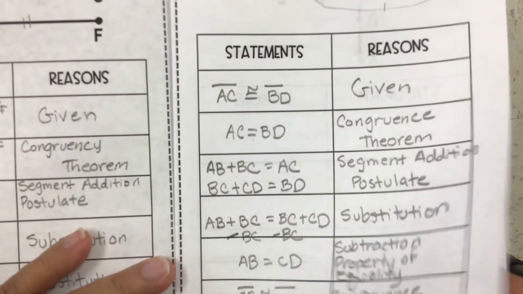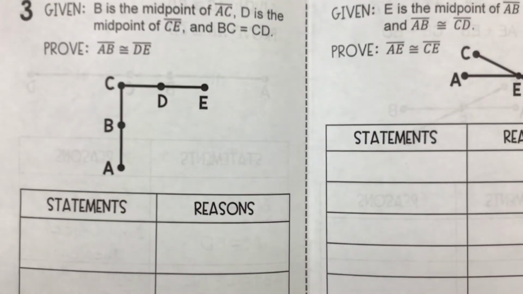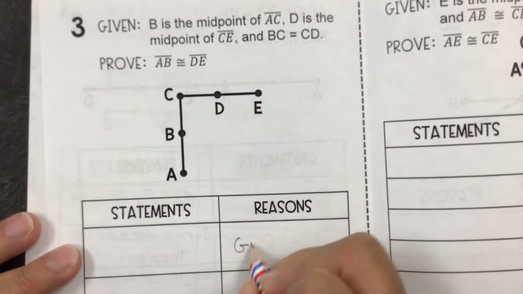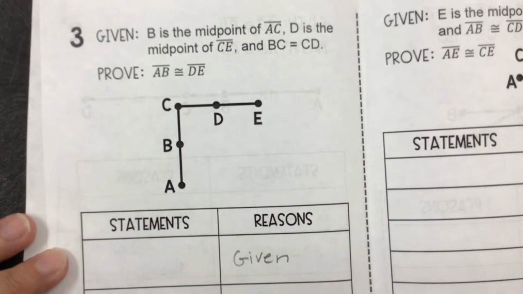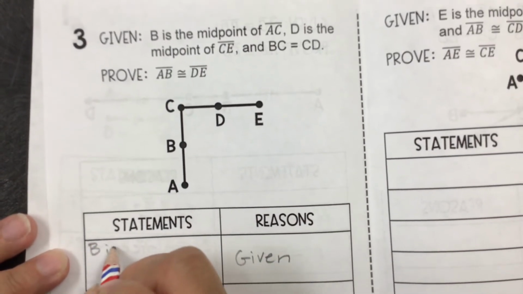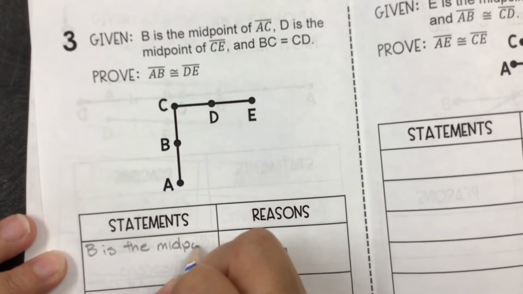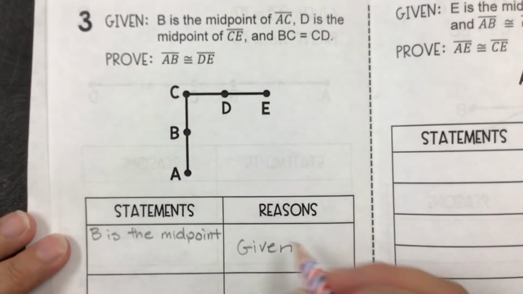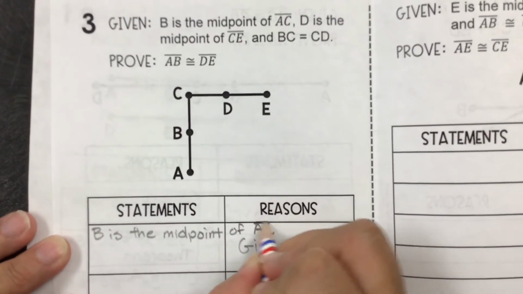Number 3. Where do we usually start with? The given. Why can we write this information? Because it's given to you. The information that was given is that B is the midpoint, and since I have very little space, I'm going to keep writing over here, of AC, the segment AC.